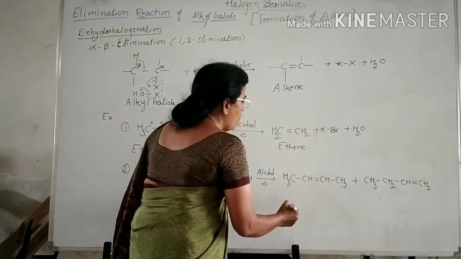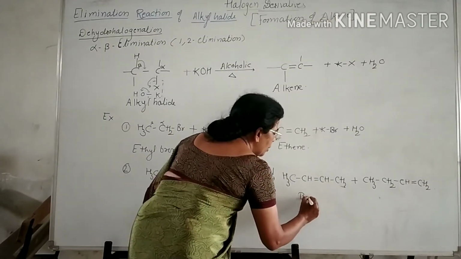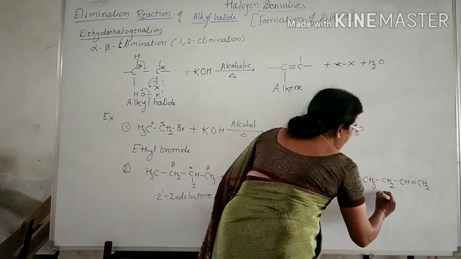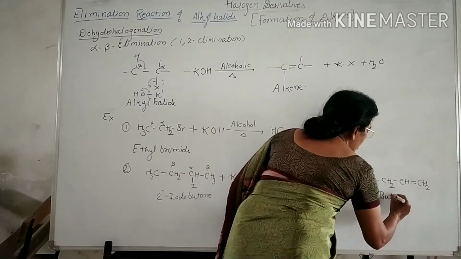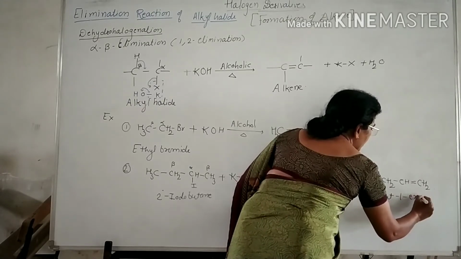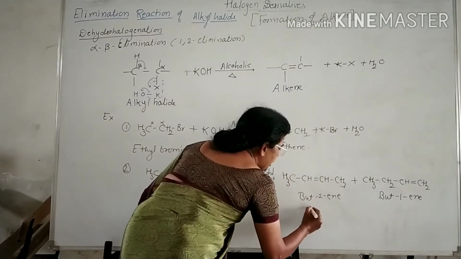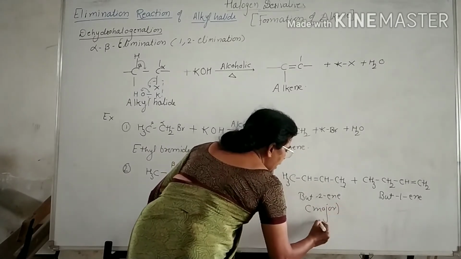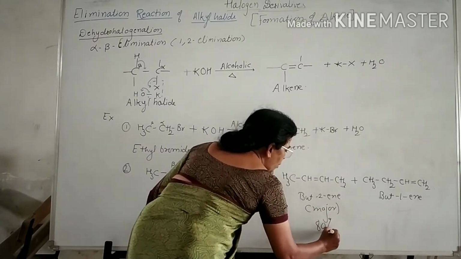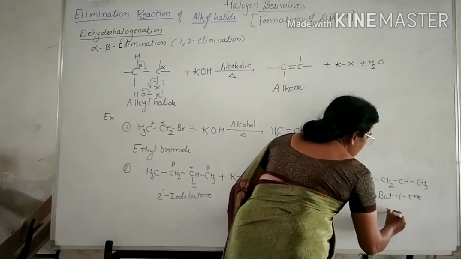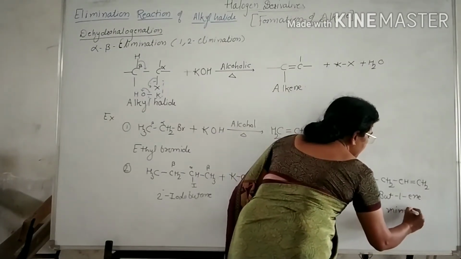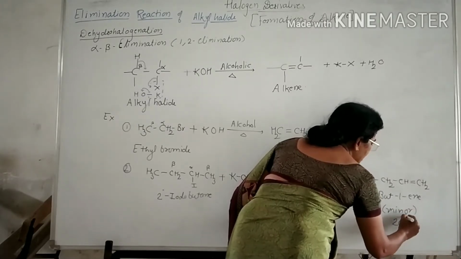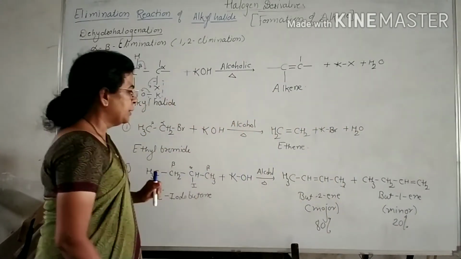Now this compound is but-2-ene, and this compound is but-1-ene. This product is the major product, that is 80% of this product is formed, and this product is the minor product, that is 20% of this product is formed.